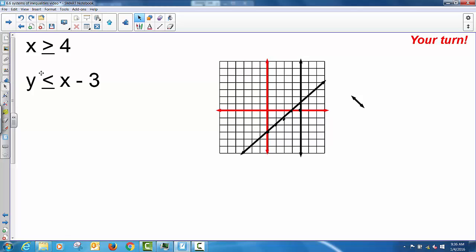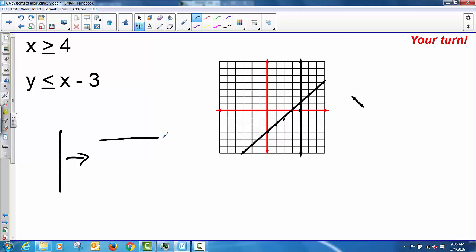On a vertical line, greater than means that you shade to the right. Less than means you shade to the left. On a horizontal line, greater than means that you shade above, and less than means you shade below. Okay, remember that, please.